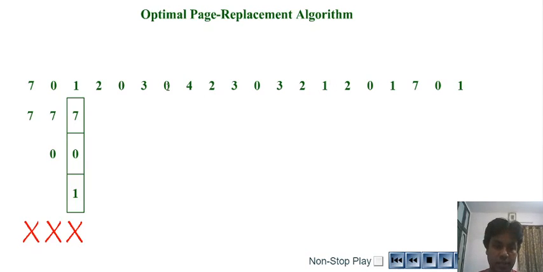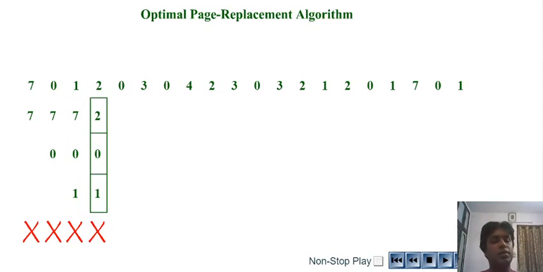So out of 0, 1 and 7, it is always a good option to replace 7, because the demand of 7 is going to be the last. The demand of 0 is going to be very soon, and after that the demand of 1 is going to arise before the demand of 7. Okay, so next we are going to replace 7 and swap in 2 into the memory. So I have replaced 7 with 2.